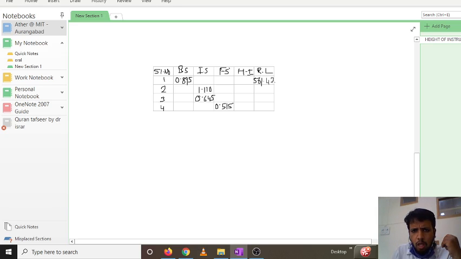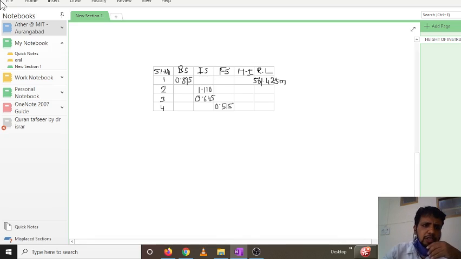This is a temporary one. In our department, this is a permanent one, taken from the railway station. So you can assume 500, 400 also. But the level difference between any two points remains constant.